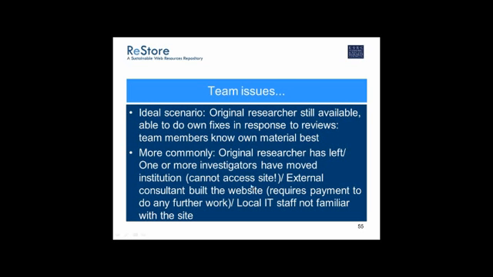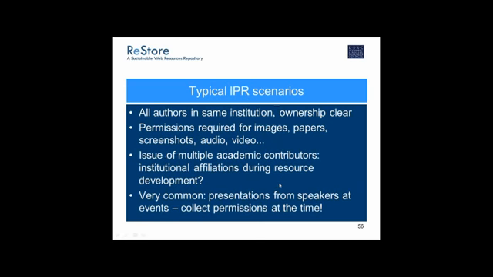These are a couple of issues. As I mentioned in the previous slide, if you have a list of everything, with proper documentation, it will be far easier to address at the time of restoring the web resource. Typical IPR scenarios: all authors are in the same institution, which is the most ideal and clear situation, and we can quite easily restore the web resource.